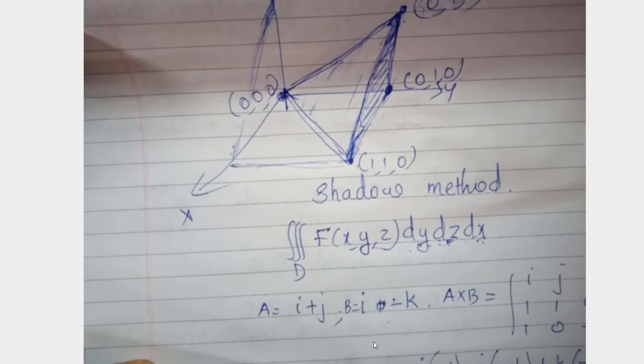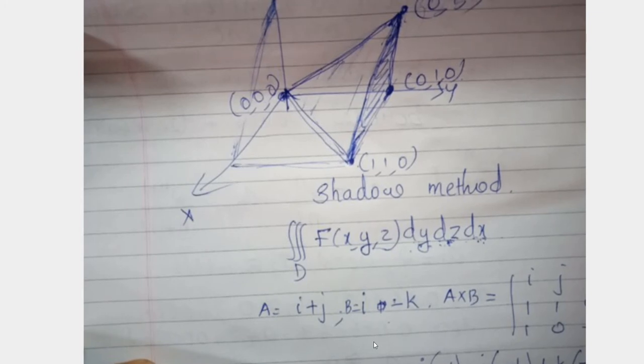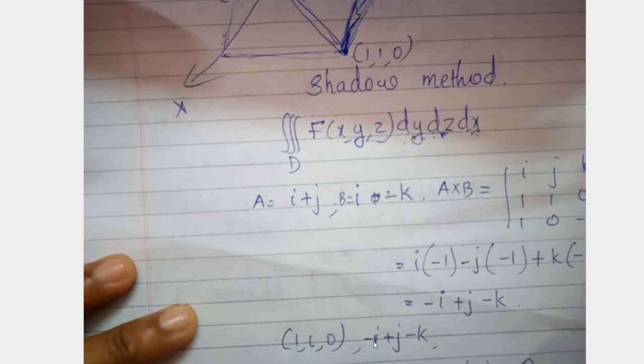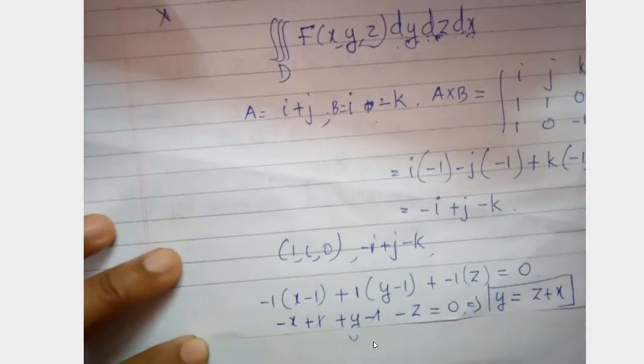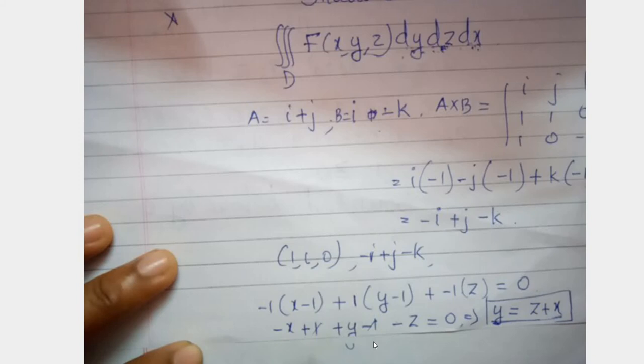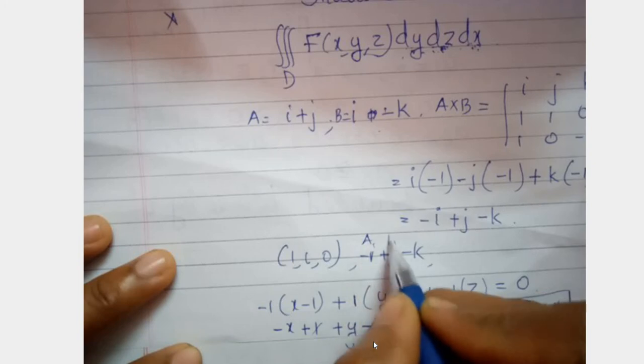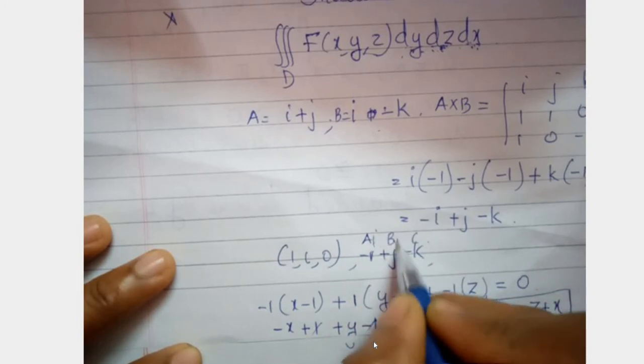So this is minus x plus 1 plus y minus 1 minus z equals 0, which implies the constants cancel and y equals z plus x. This is of the form a, b, c, ai plus bj plus ck.